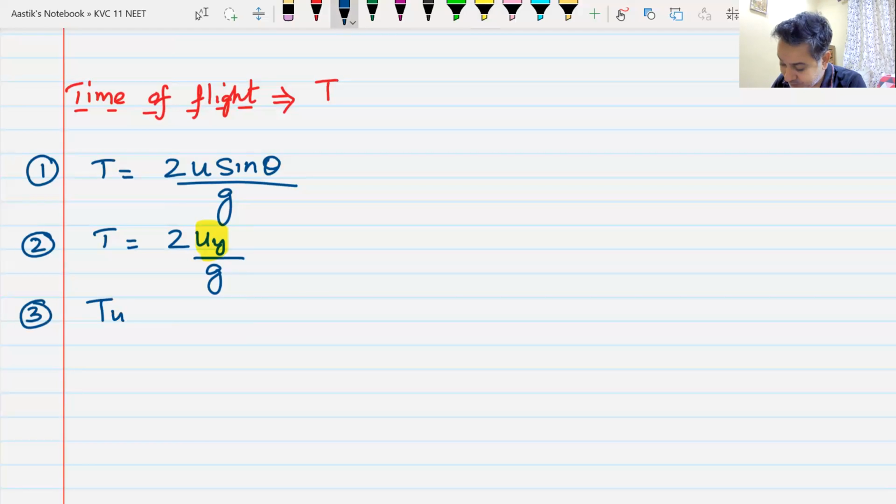Time taken to go up will be equal to time taken to come down. And how much will that time be? Time taken to go up, time of ascent, or time taken to come down, time of descent? How much will that be?